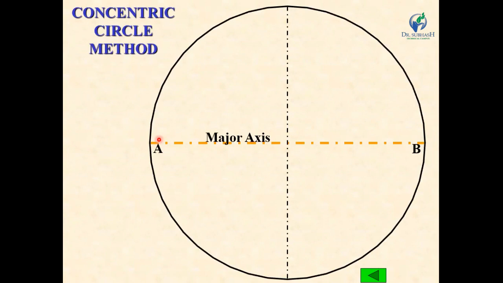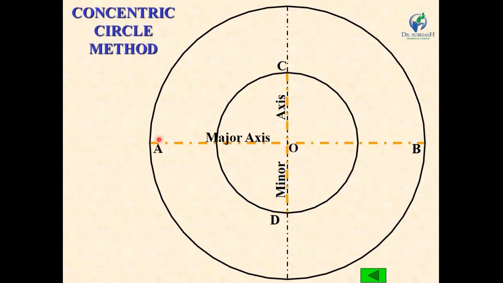Okay, now draw a minor axis CD of 70 mm length, and from the same center draw a circle of diameter 70 mm, or we can say a circle whose diameter is equal to the minor axis. Okay, so the center of both circles is O, so we can say the circles are concentric at this point O. That's why this method is known as the concentric circle method.